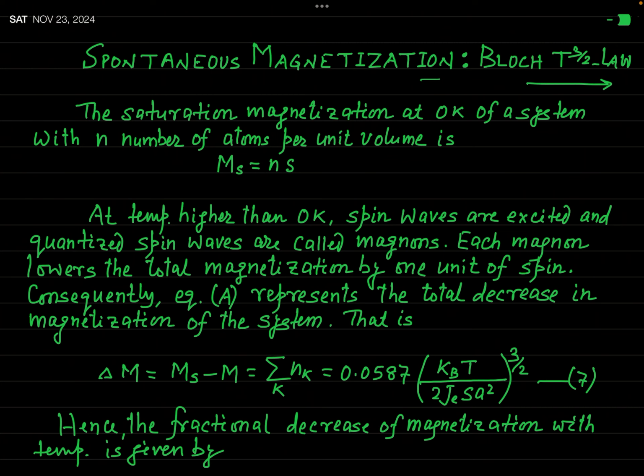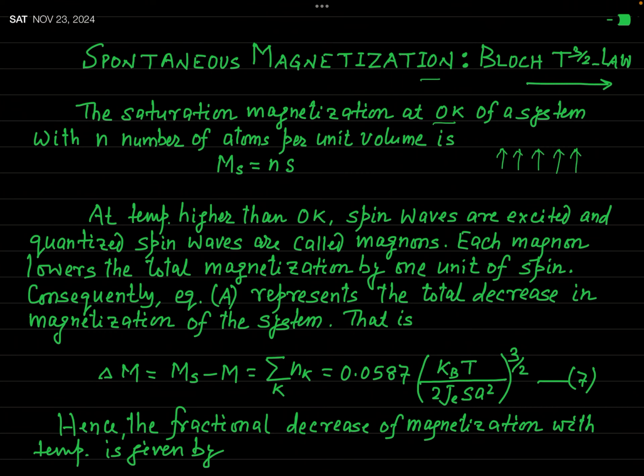Actually, you know that at 0 Kelvin temperature, all the spins are parallel to one another in a ferromagnet. In this condition, the magnetization is at its highest level, which is called saturation magnetization. You have learned this several times earlier.